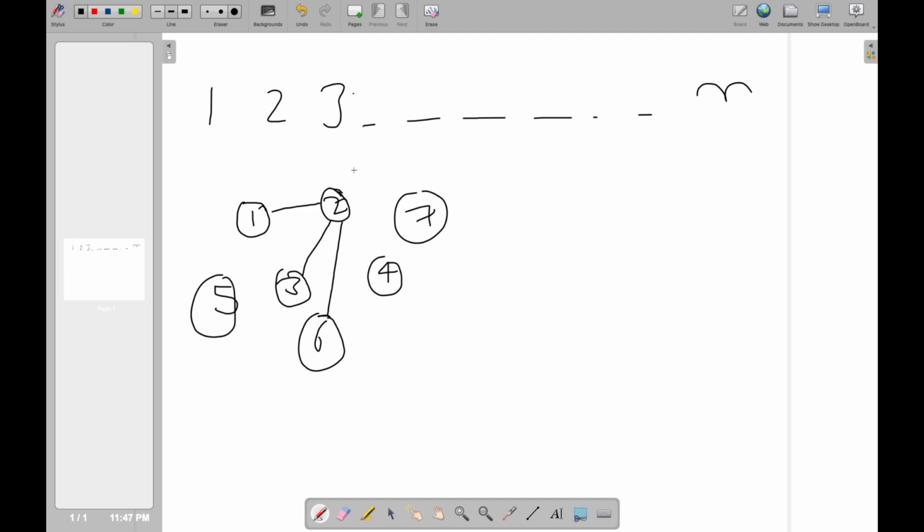So notice that if I'm connecting to a previously connected component, I want to connect the new vertex such that the star formation remains. So let's say I want to connect 7 now to, let's say, 1. I will connect it with 2 instead, such that one vertex gets as many degree as possible.